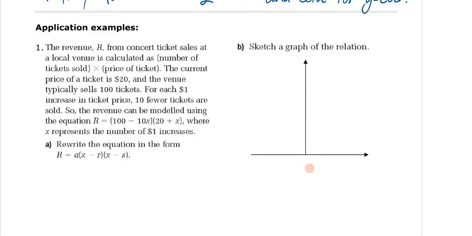For each $1 increase in the ticket price, 10 fewer tickets are sold. So the revenue can be modeled using the equation R for revenue equals 100 minus 10x times 20 plus x, where x represents the number of $1 increases. Rewrite the equation in the form R equals a times x minus r times x minus s.